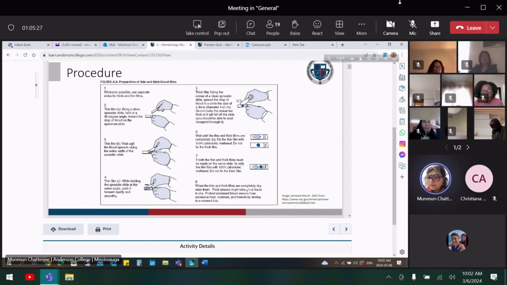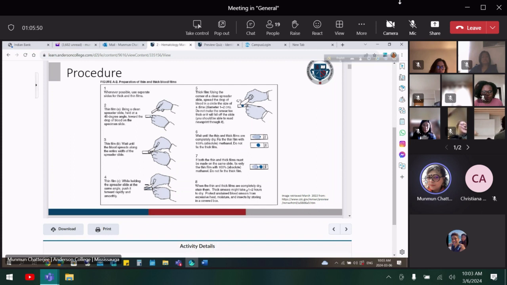Wait until the blood spreads along the entire width. When you are touching the drop, the blood is going to spread totally. Then you spread it, while holding the spreader slide at the same angle, pushing it forward readily and smoothly.